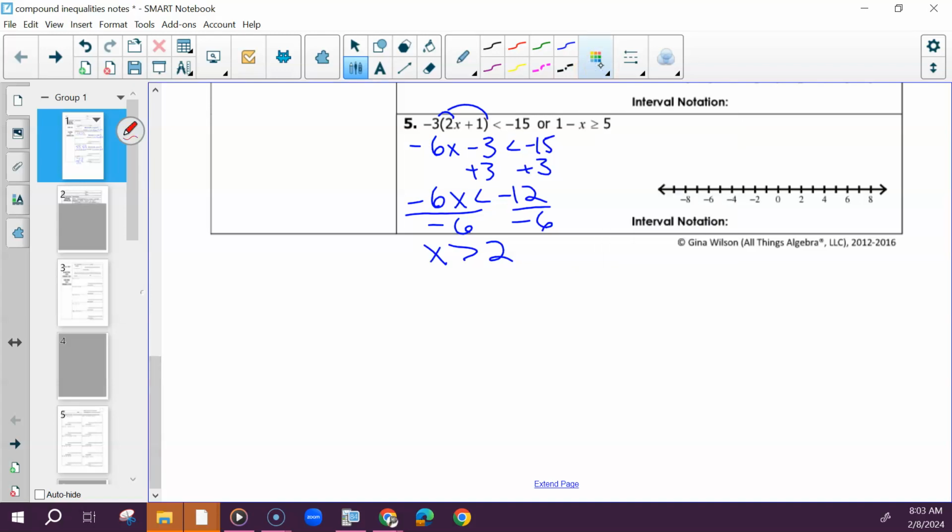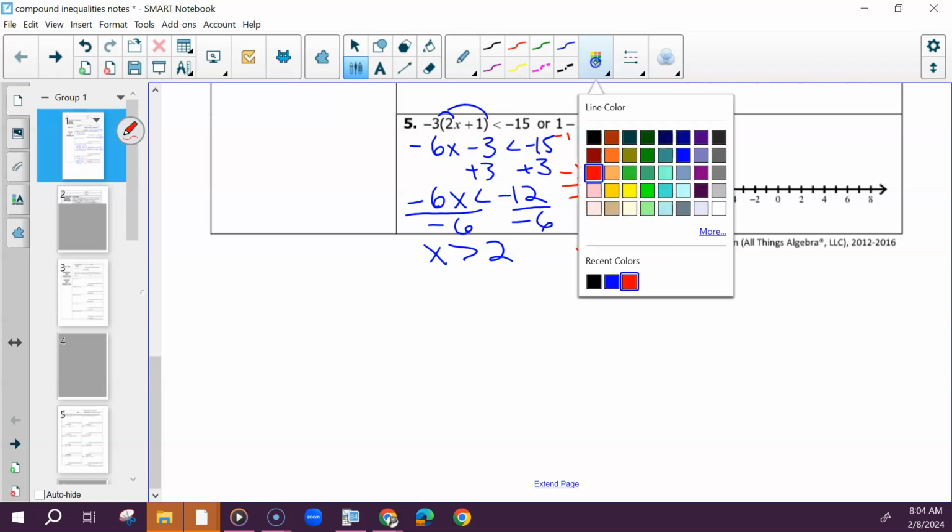Alright, and then to solve the other one, subtract 1 from both sides. We have negative x is greater than or equal to 4, and then divide by negative 1. So the sign changes. x is now less than or equal to negative 4.